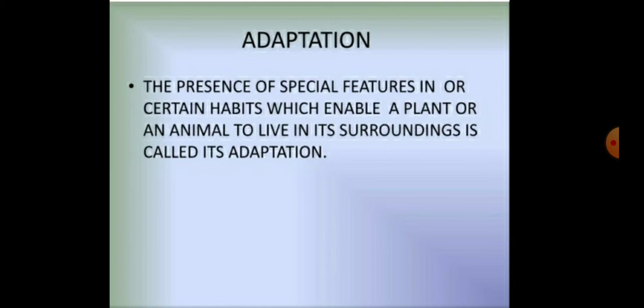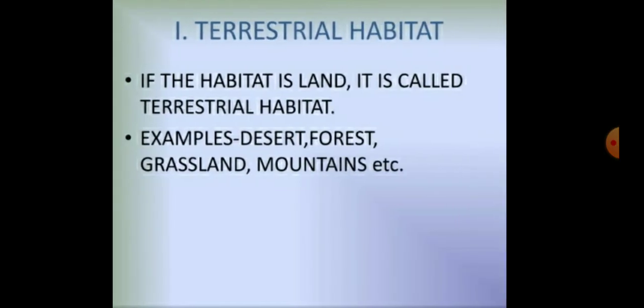So the adaptations are the special features. A terrestrial habitat means the organism lives on land. For example, desert, forest, grassland, mountains, etc.